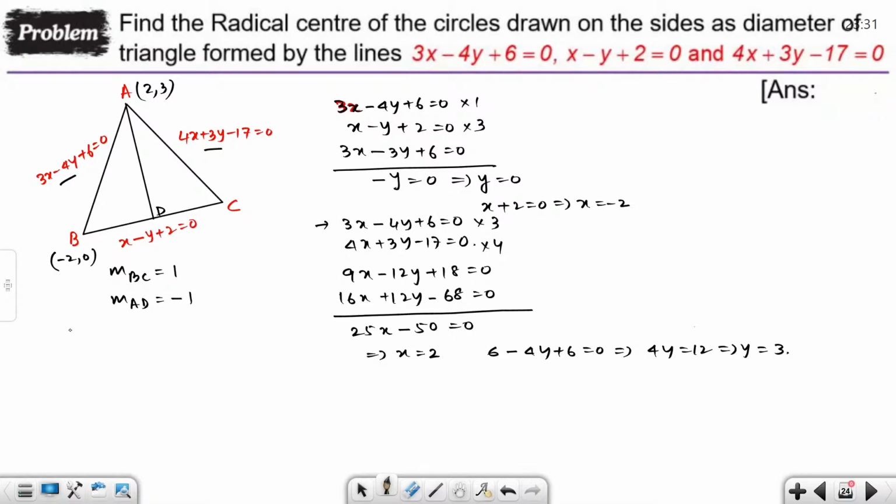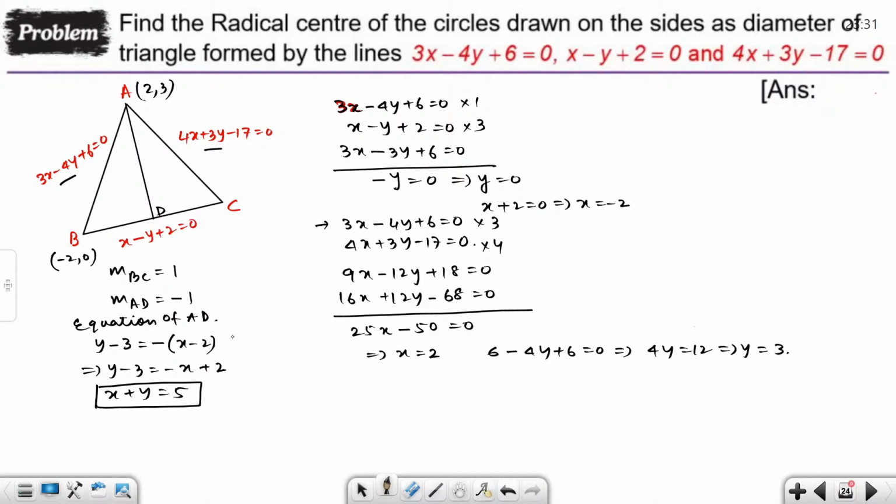Correct? Therefore, what is the equation of AD? y minus y1 equals m into x minus x1, point slope form. So we are getting x plus y equals 5. This is the equation of AD.